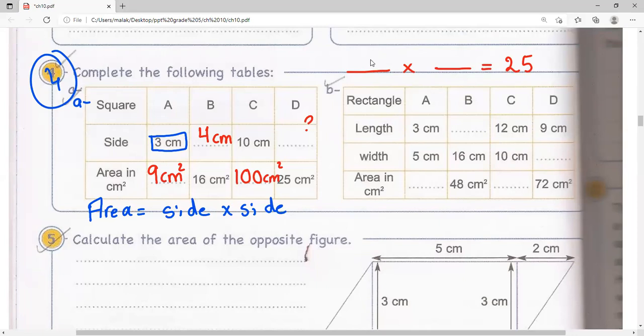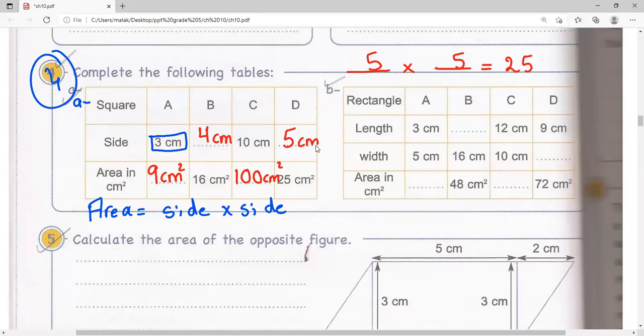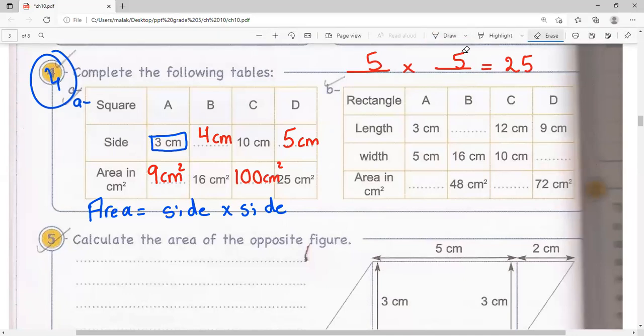No. 5 times 5. So the side here equals 5 times 5 equals 25, so it's 5 centimeters. Okay, Hassan, thank you.